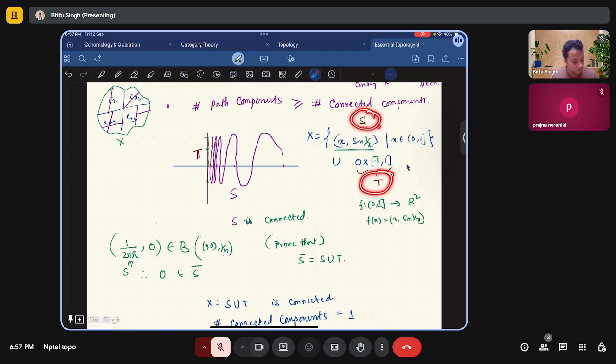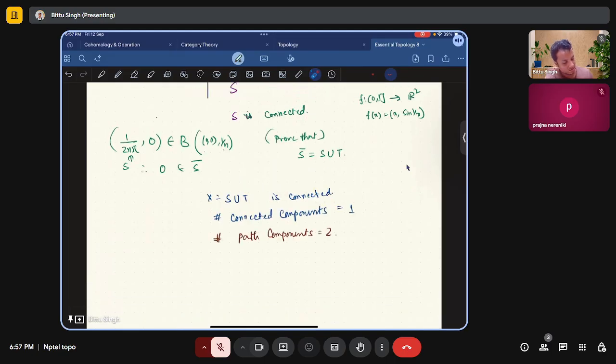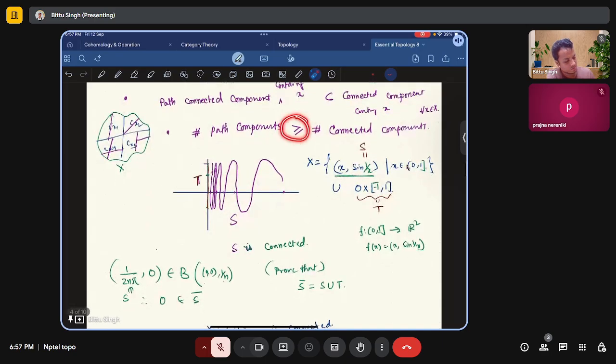But you need to prove that if we choose a point from S and another point from T, then we cannot connect those 2 points by a path. That needs to be proven, and the idea is to use the intermediate value property. So from here it is clear that sometimes there is a strict inequality, that is, the number of path components is sometimes strictly bigger than the number of connected components.